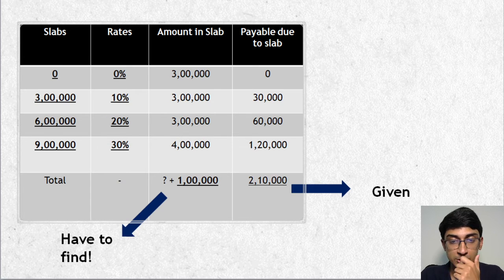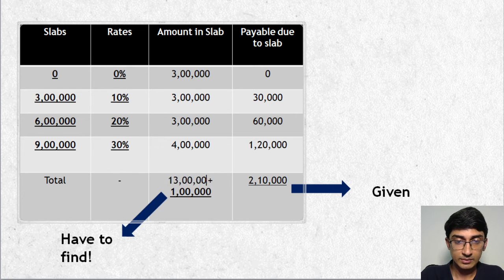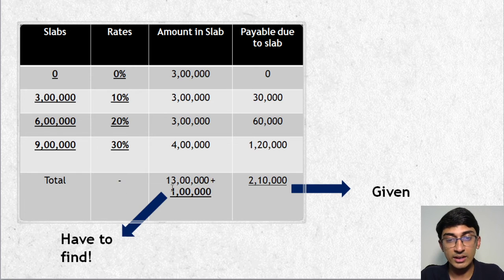So X has to be 4 lakhs for us to get 1,20,000 over here, which means the total taxable amount is 3 plus 3 plus 4, which is 13 lakhs. The total I will earn including the rebate is 14 lakhs. That's the salary the company gives me.